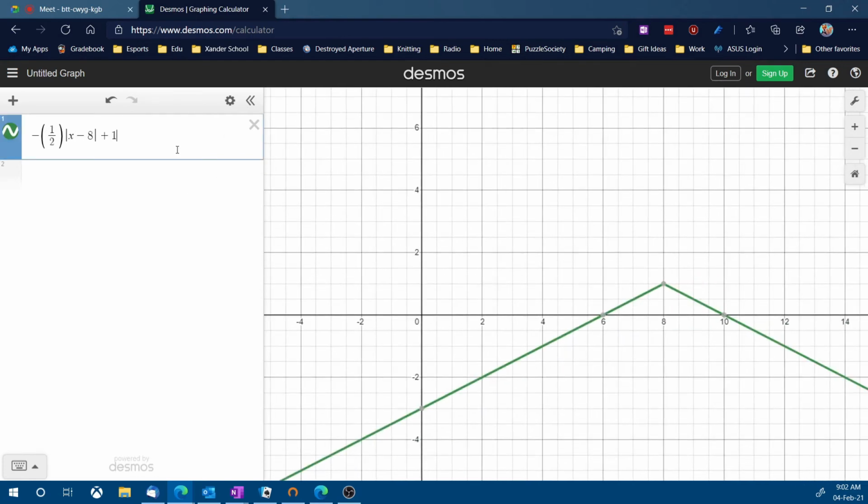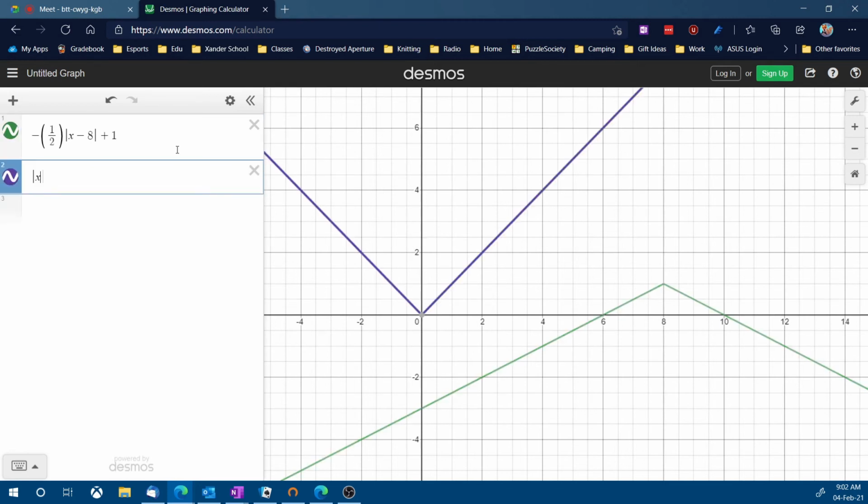So for reference, again, I'm going to do the absolute value of x. So yes, that is definitely a vertical compression of 1/2. So there's a lot going on here.